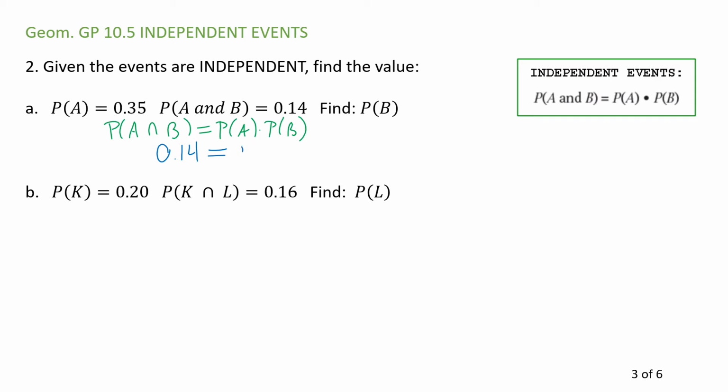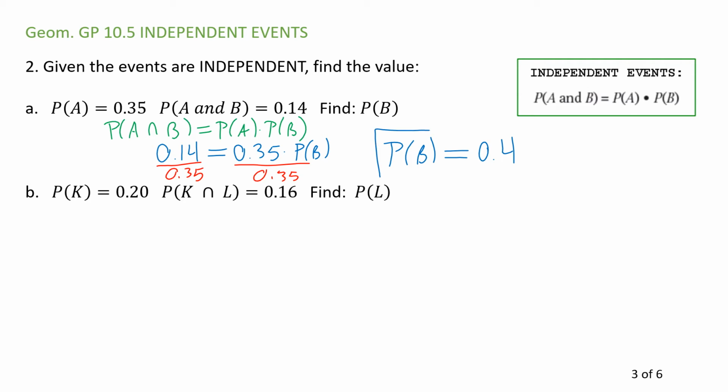The probability of A is 0.35, and I'm looking for the probability of B. Well, you just divide. And you find that the probability of B is 0.4.